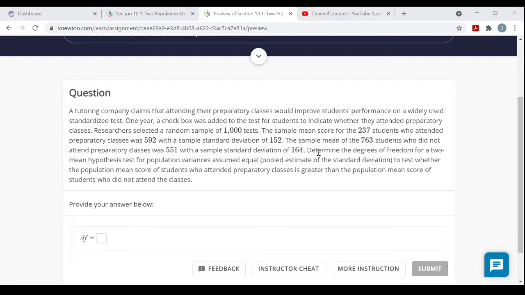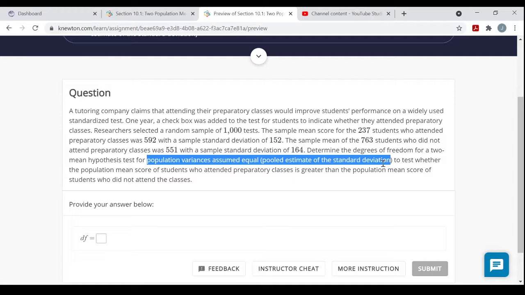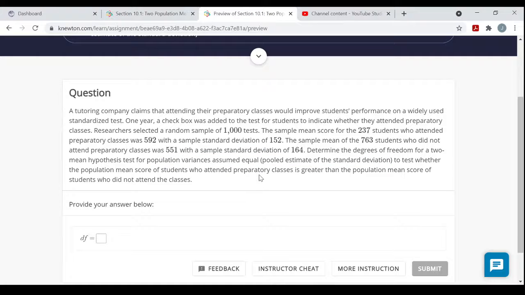We're just asked to determine the degrees of freedom for a two-mean hypothesis test for population variances assumed equal, right? A pooled scenario, to test whether the population mean score of students who attended preparatory classes is greater than the population mean score of students who did not attend the classes.